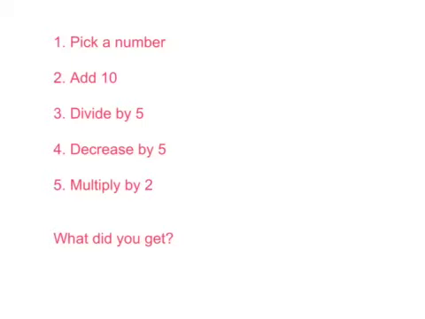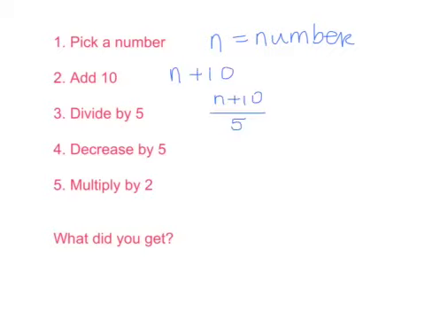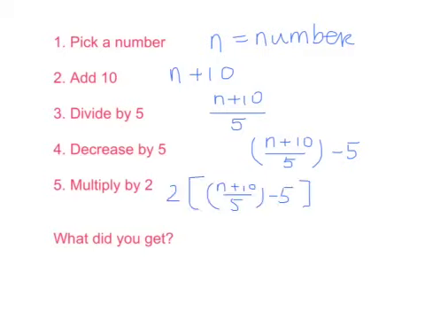Next, let's explore how we can use these verbal instructions to form an equation. We will use n for a number. Next, we will add 10 to that number. Then, we follow step 3 and divide by 5, decrease or subtract 5, and lastly, multiply by 2.